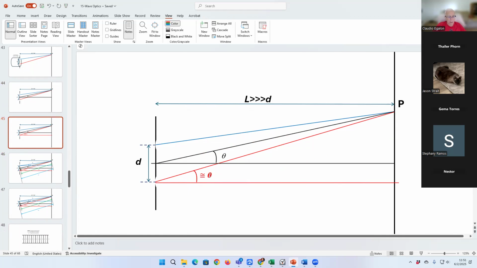What I'm telling you here is that this angle here, strictly speaking, is theta plus something else.